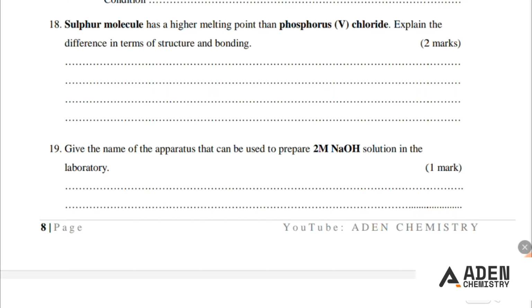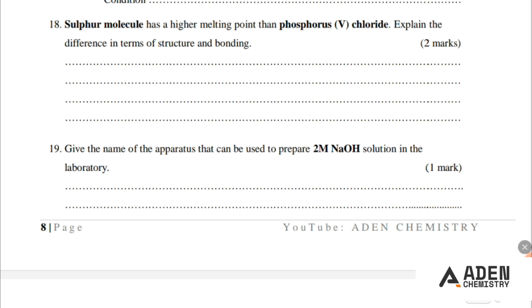But when we're talking about phosphorus 5 chloride, besides the covalent bonds, it has weak van der Waals forces. So that means they're having weak force of attraction when compared to sulfur molecules, because those ones are having strong van der Waals forces.